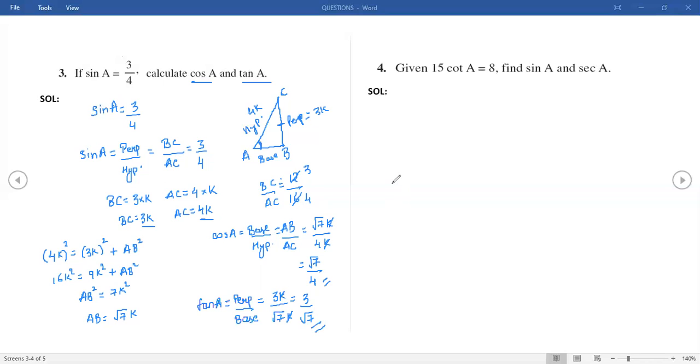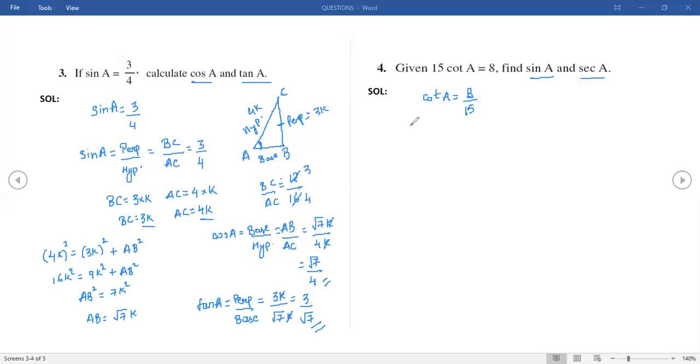Let's move on to our next question. In this question, we are given that cot A is equal to 8 by 15, and we need to find sine A and sec A. So the same story, same diagram, same right angle triangle, nothing changes, but we are given a different trigonometric ratio.